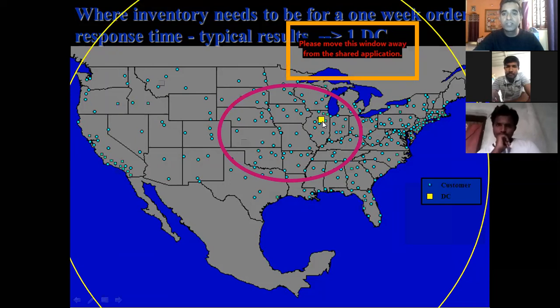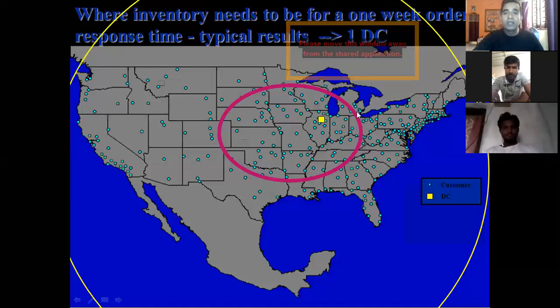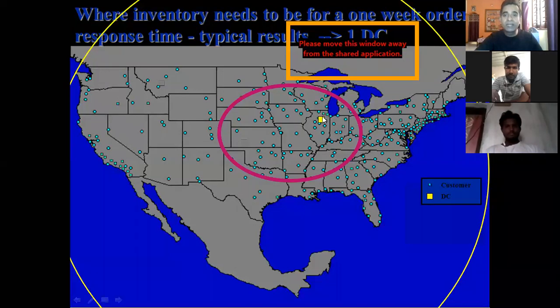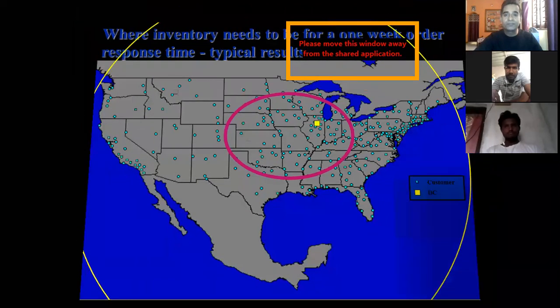Distribution center is nothing but warehouse where the finished goods inventory is maintained. So with just one distribution center or one warehouse, the company can make a delivery to customer order within 7 days anywhere in North America. So now in coming slides, what we are going to experience is as the number of facilities increases, the response time goes on decreasing, means the company will be able to deliver the goods very quickly.